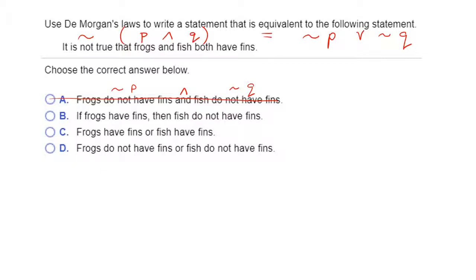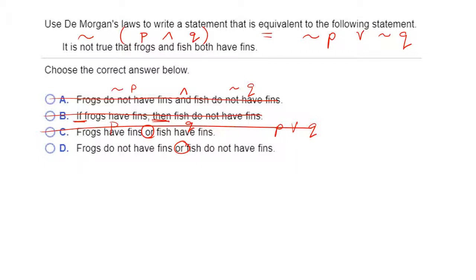Notice in my second choice, it was an if-then statement. That is not true. Now I will see that I do have two or statements in my choices for C and D. In choice C, that is frogs have fins, so that's P, and then fish have fins, that's Q. So I would have P or Q. That has nothing to do with the negation. So my final choice must be the correct answer.